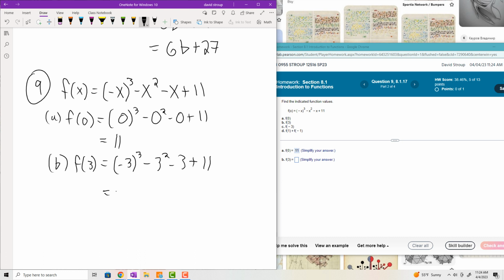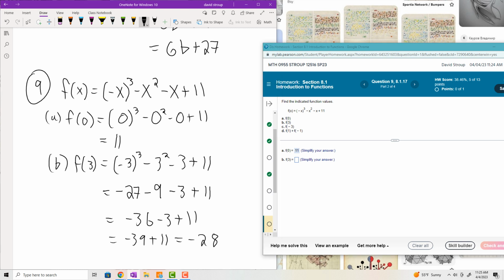There's 3 negatives, so that'll be negative. 3 cubed is 27. Minus 3 squared is 9. Minus 3, and then plus 11. So that'll be negative 36 minus 3 plus 11. That's negative 39 plus 11, which is negative 28.